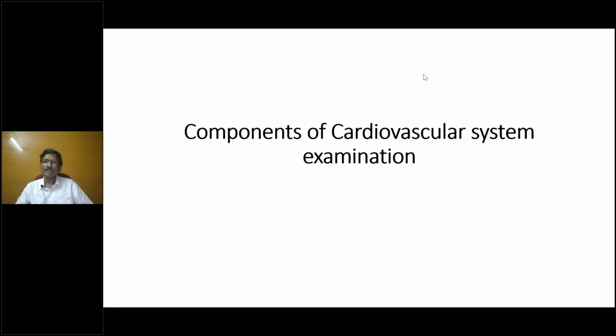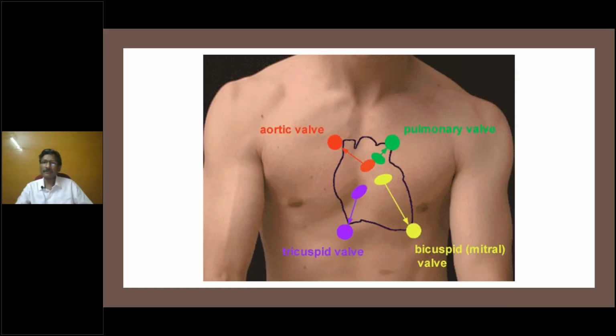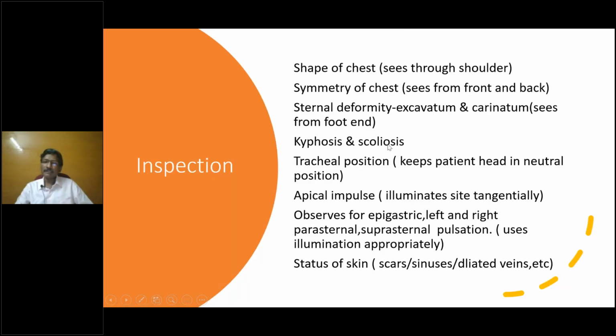So now we'll take up aortic stenosis and aortic regurgitation today. I'll just show you what has to be seen in the inspection. What will be the finding when you inspect a patient with aortic stenosis? You can just give what you feel, then I'll go back to the sequence of events which happens in aortic stenosis.